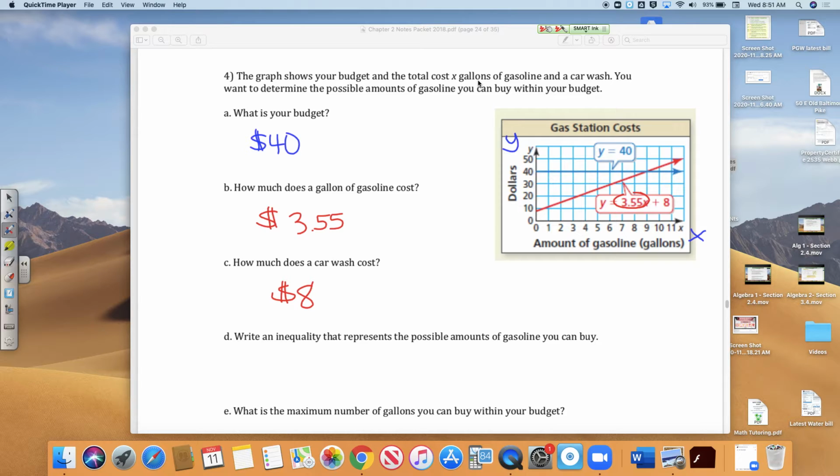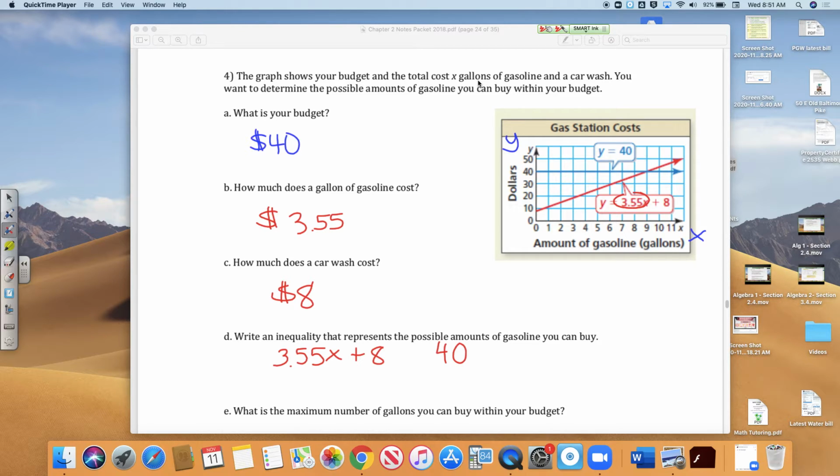And then letter D is asking us to finally create an inequality. It says write an inequality that represents the possible amounts of gasoline you can buy. Well, the equation that represents the amount of money we can spend is 3.55x plus 8. And we know that our budget is $40, so we can spend at most $40.